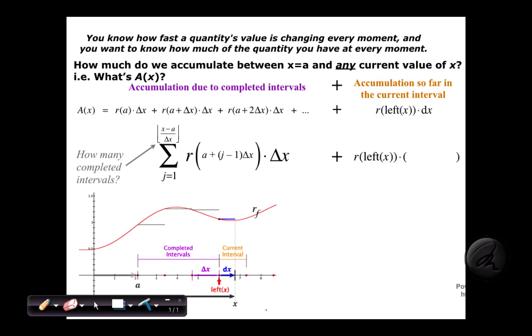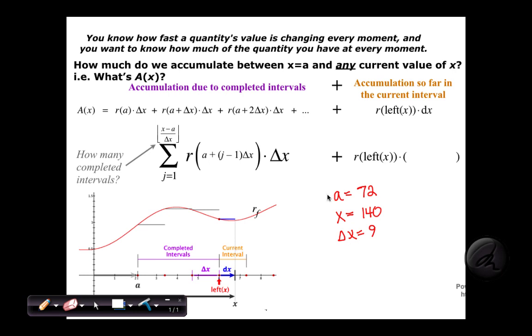So whatever x value I have here, let me just use this space for a second. Let's say a is 72. X has a current value of 140. And my delta x is 9.